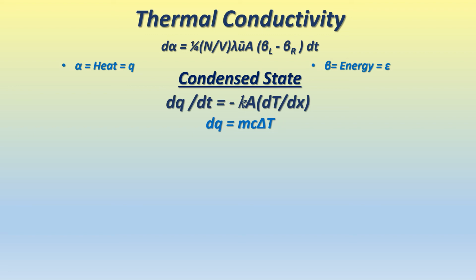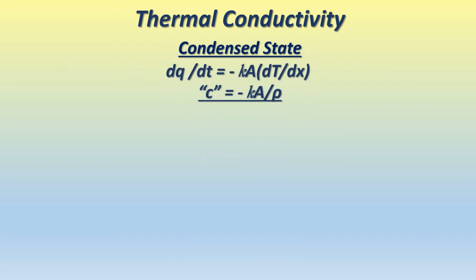From general chemistry, you also know that dq is the mass times some specific heat times the change in temperature. Therefore, the specific heat of any given solution is going to be minus its thermal conductivity times the area of the flow divided by the density.